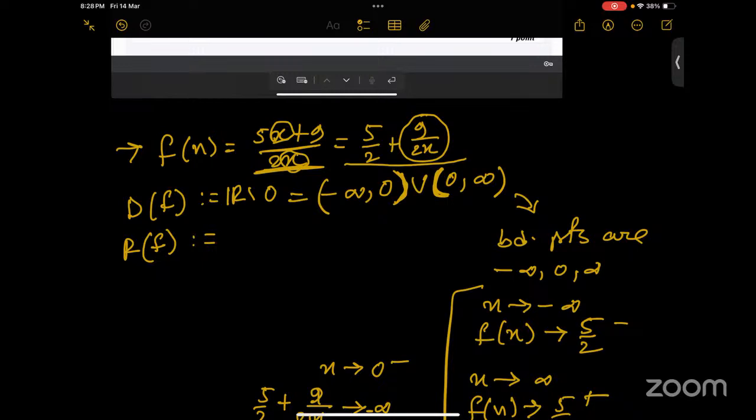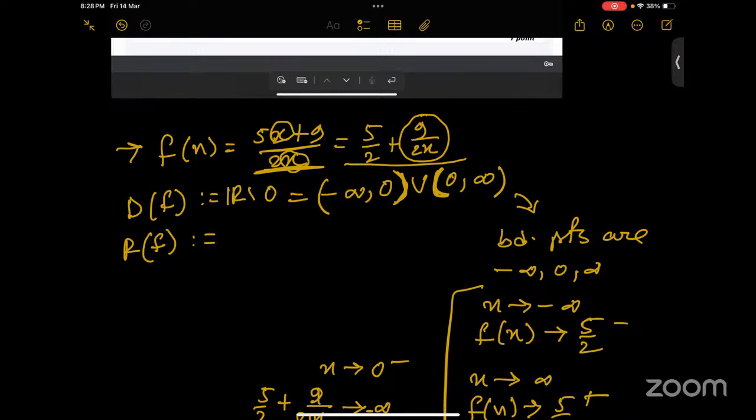What I was telling was f(x) = 5 by 2 plus 9 by 2x. Now when I put x as minus infinity, it becomes 9 by minus 2 times infinity, that is minus infinity. Someone was saying anything by infinity is 0.